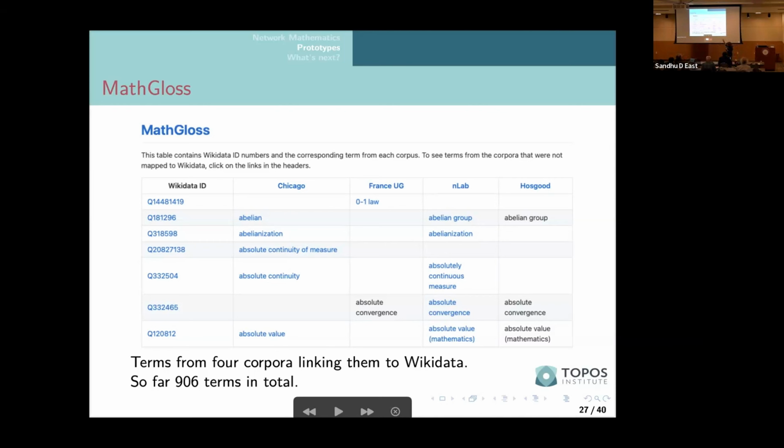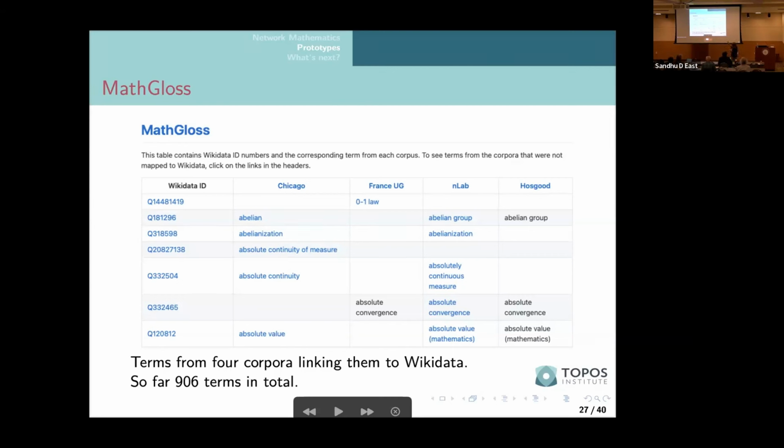But for the time being, that's another thing that mathematicians agree on: what is in the basic curriculum of mathematics, all of us should know, right? So that's why we're taking the French basic ideas and the Chicago notes as descriptions of what the basic knowledge of a mathematician should be.